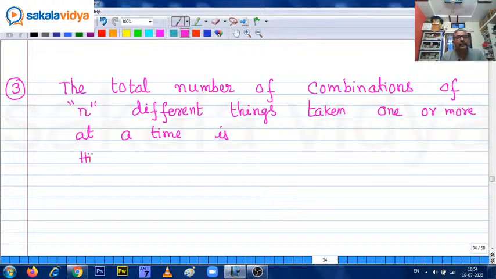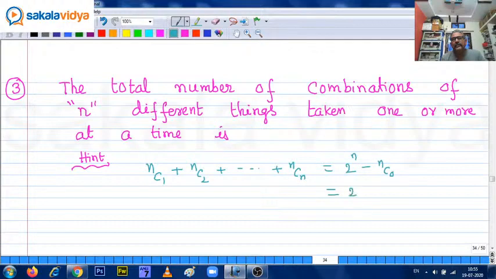Here the hint: 1 or more means 1, 2, 3, 4 up to n. That can be done NC1 plus NC2 and so on up to NCN. So that is equal to 2 raised to n minus NC0. This is 2 raised to n minus 1.